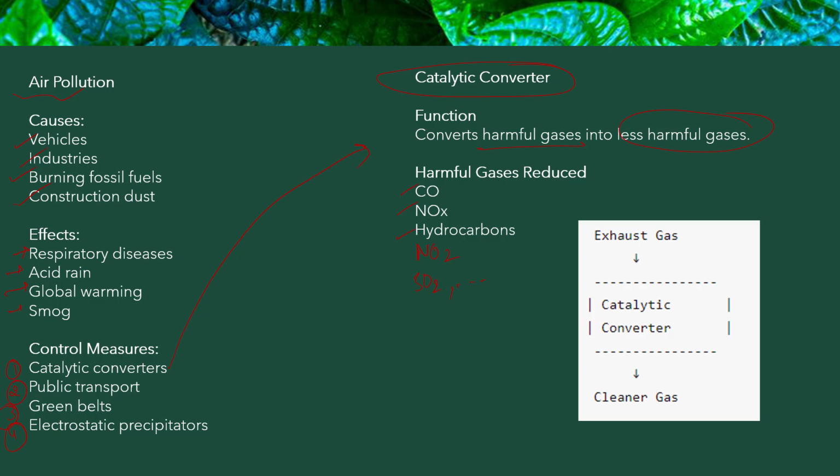Now, this is how a catalytic converter works, where your exhaust gas is sent to the catalytic converter and it converts the gas into a cleaner gas. We'll be seeing how catalytic converter operates within. Right now, we are seeing a broader prospect on how this works.